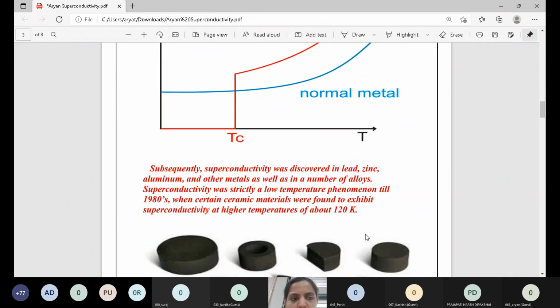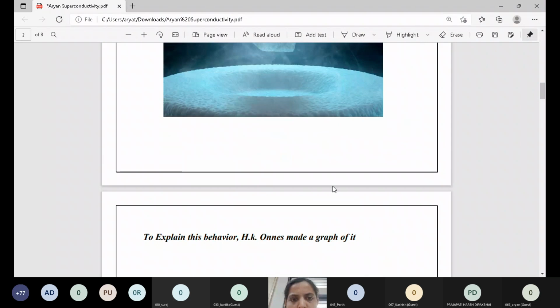This much I could get because there was cracking in the voice. Yes, resistance will also become 0. If resistance is 0, then voltage becomes 0. Then how will current flow in a superconductor?